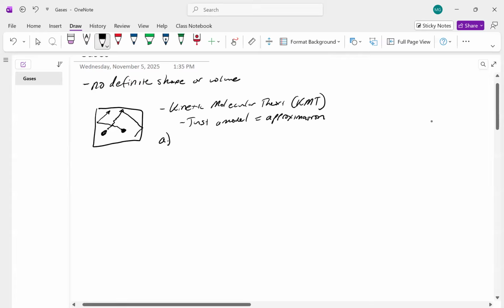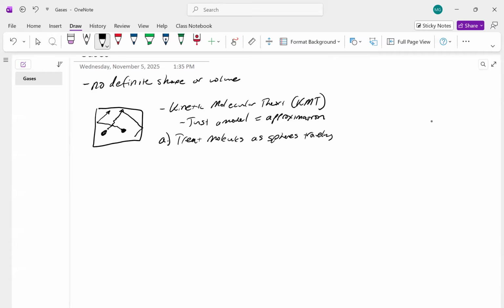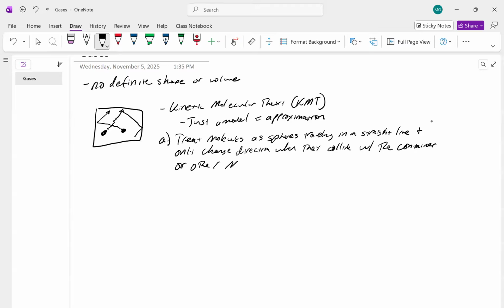So first of all, we treat gaseous molecules as spheres traveling in a straight line and only change direction when they collide with their container, or I should say the walls of the container, or other molecules.